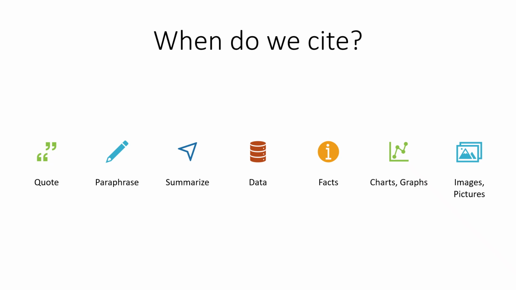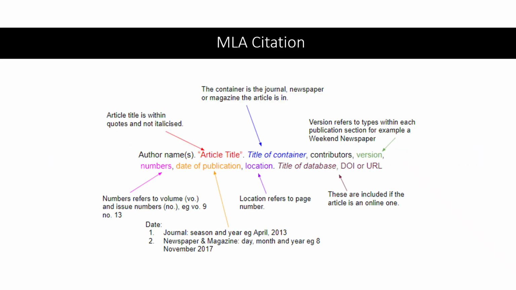That includes any time you quote, paraphrase, or summarize information from a source. It also includes any time you use someone else's data, facts, charts, and graphs. You should also provide a citation whenever you include an image or picture that you did not make or create. Essentially, if you didn't make it, think it, or do it, you should include a citation.